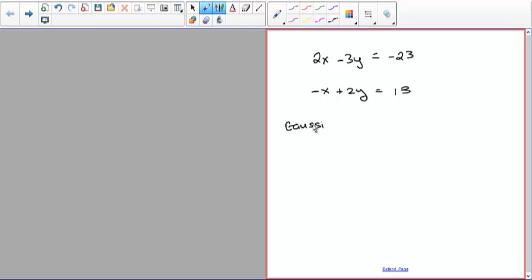One is called Gaussian elimination with back substitution. And the second way is called Gauss-Jordan elimination, which I'll write out when I do that.